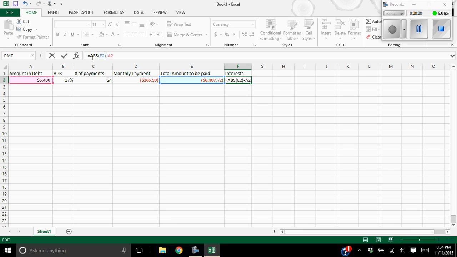Right? So ABS, of course, stands for the absolute value. So that's going to change it into a positive number. So now we're going to have a positive number minus A2, which is also a positive number. And now we get the amount we're actually owing. And so that is what we have.